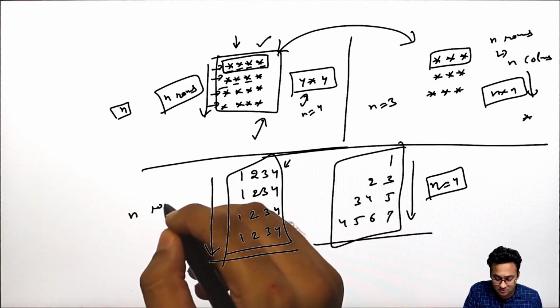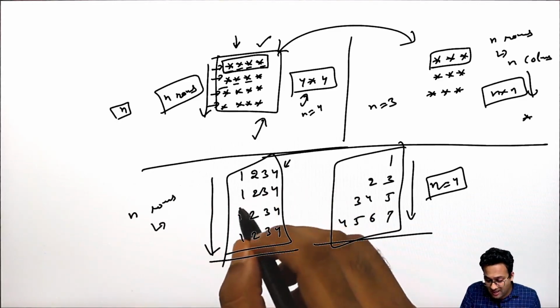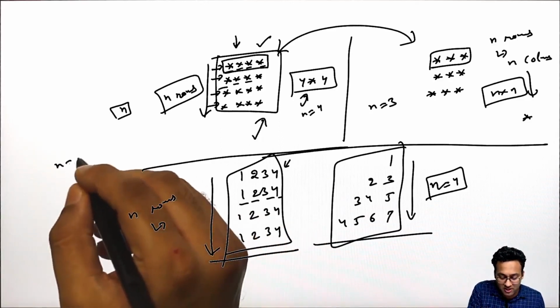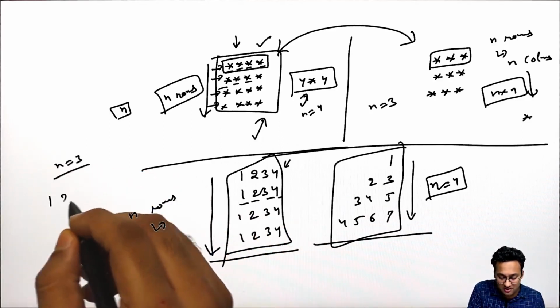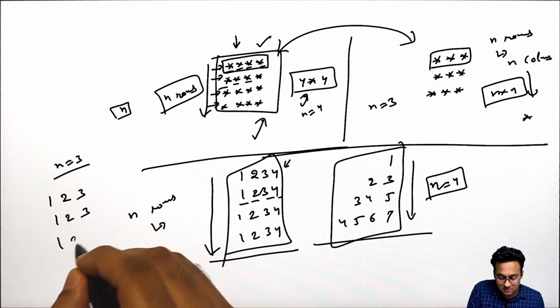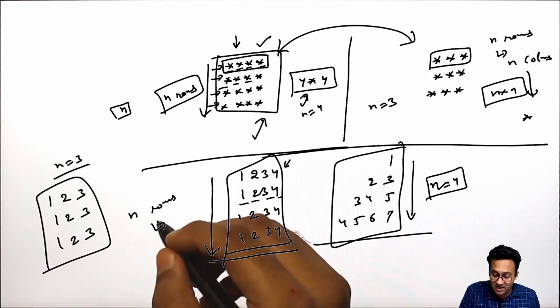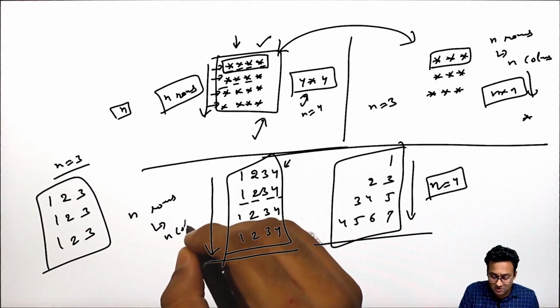So n rows. Now each row has n columns. That means the first row has 4 columns, second row has 4 columns, the third row has 4 columns, and so on. So if n was 3, what would this pattern look like? It would look like this. So each row has 3 columns. If n was 4, each row has 4 columns. So n rows, each row has n columns.